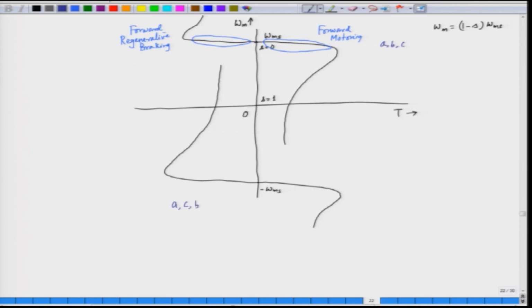So, instead of plus omega_ms, the rotating magnetic field will have a value that is minus omega_ms, and then this region will be for the reverse motoring. This is third quadrant, and this region will be called the reverse regenerative braking.